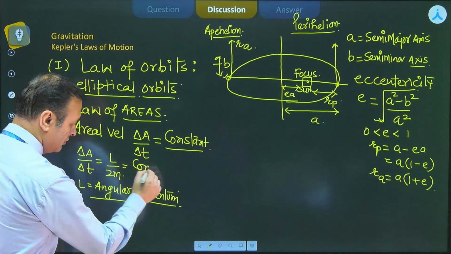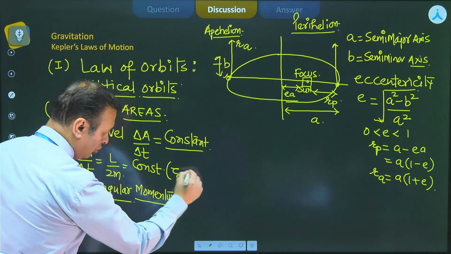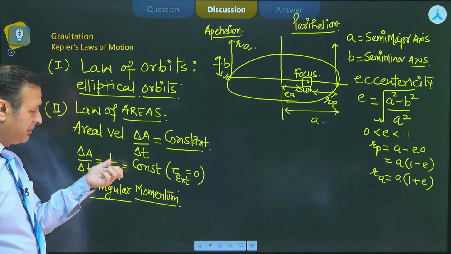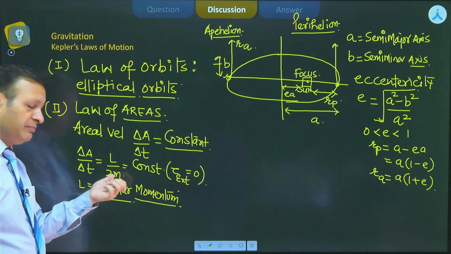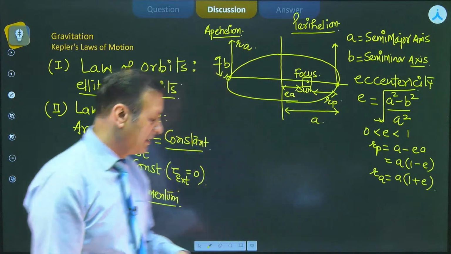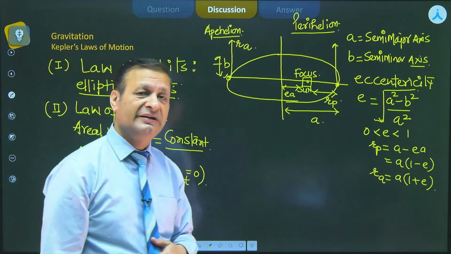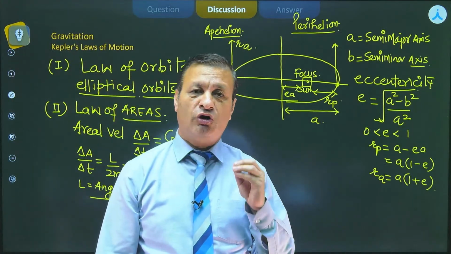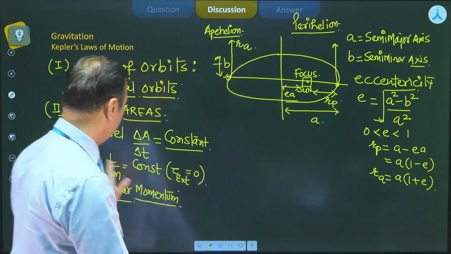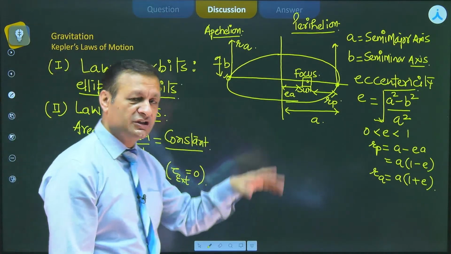There is no external torque acting on the system. And when angular momentum remains constant, L by 2m, where m is the mass of this planet, remains constant. It means delta A by delta t, the rate of change of area with respect to time, which is called its areal velocity, remains constant.